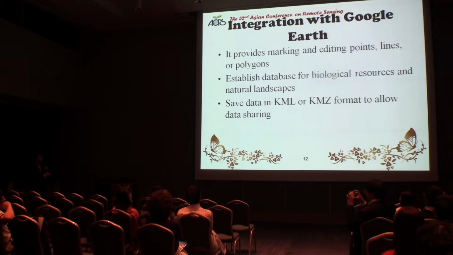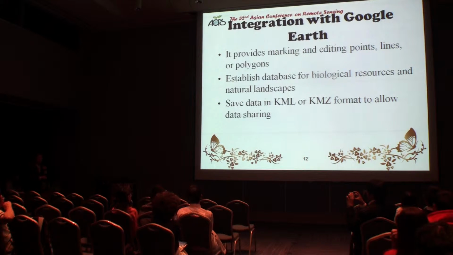After we collected data, we want to create the database and integrate it with Google Earth. Google Earth is free software and it provides marking and editing of points, lines, or polygons. With these functions, we can establish a database for biological resources and natural landscapes.